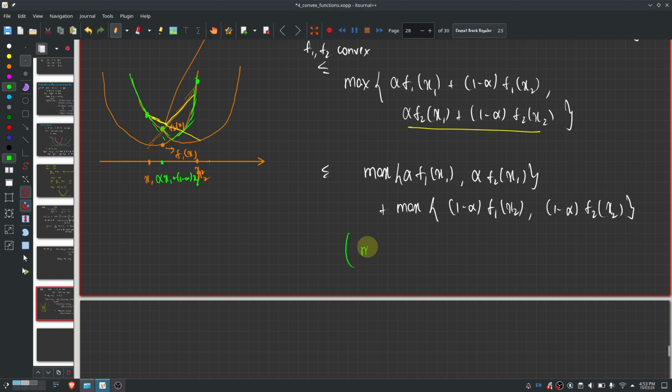Basically what I'm saying is that the maximum of, let's say, a plus b, comma, c plus d is less than or equal to the max of a comma c plus the max of b comma d.